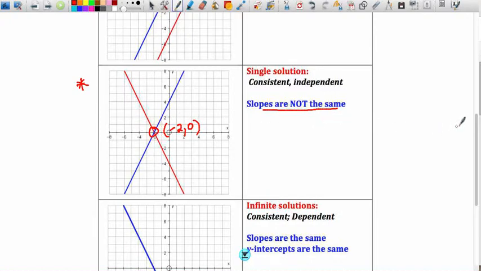As the textbook notes, these systems are consistent, which means they do produce a solution, and independent, which means they produce one solution, one x value and one y value, one point of intersection.